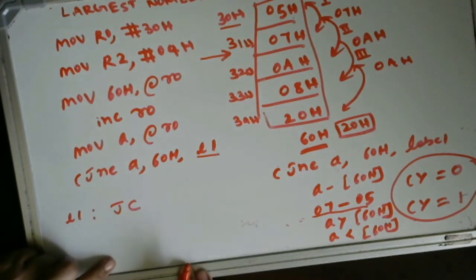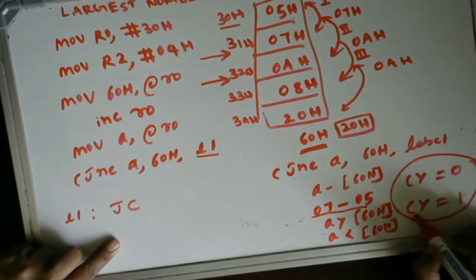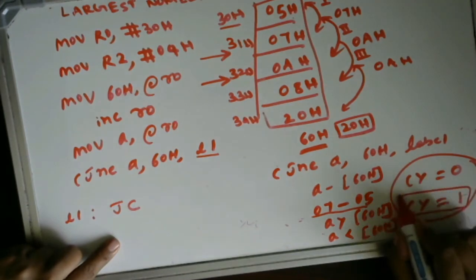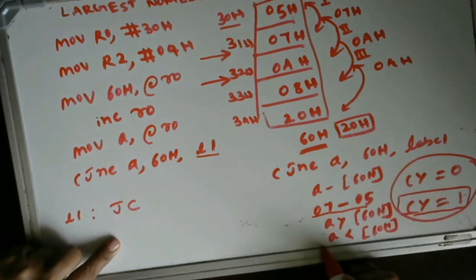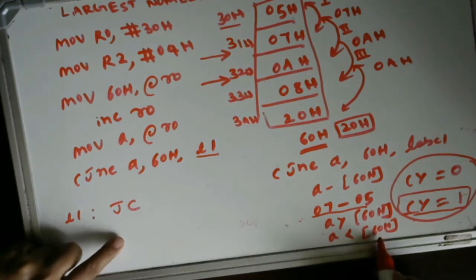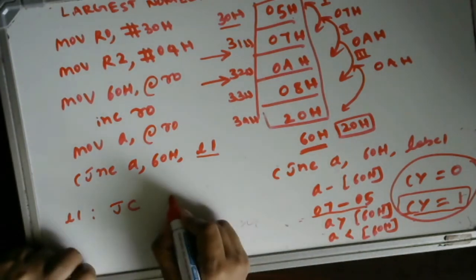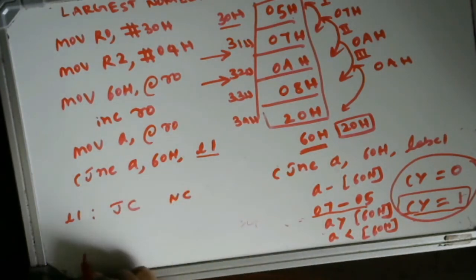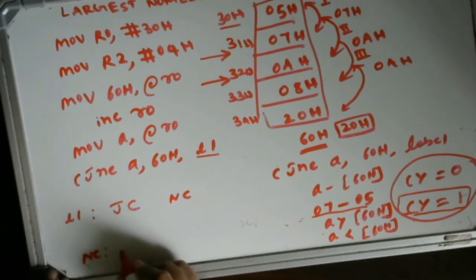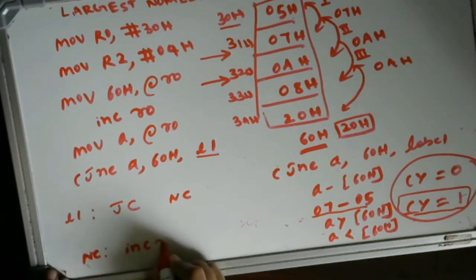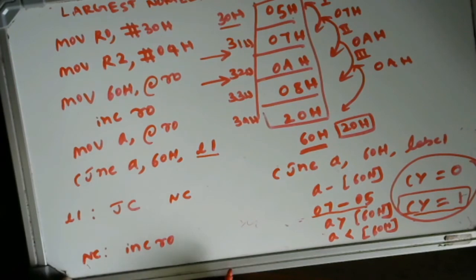If carry is generated, it's nothing but A is less than the data present in 60H. So at that time no need to do anything, so that is no change. Simply I'll get the next data by incrementing R0.